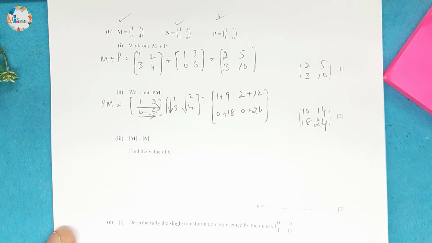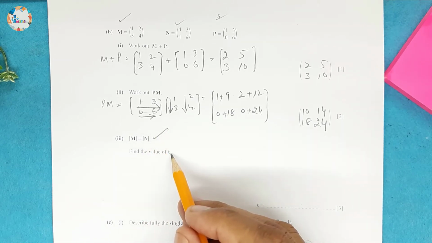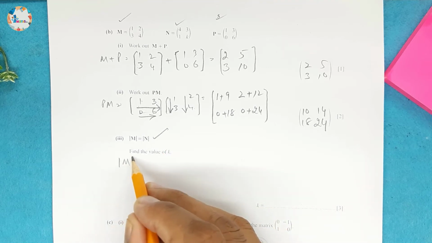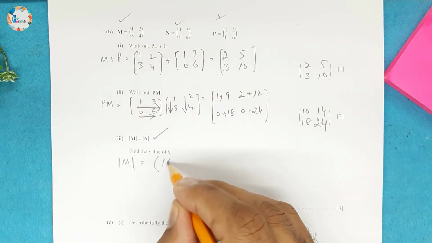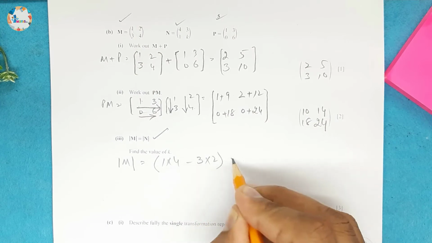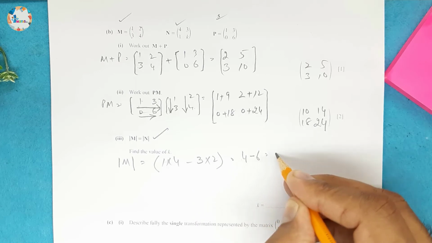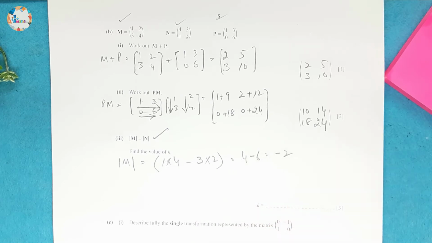Then they are saying m mod is equal to n mod. Find the value of k. So m mod, we can write m mod is equal to this into this. So 1 into 4 minus 3 into 2. So this will be 4 minus 6 is equal to minus 2.